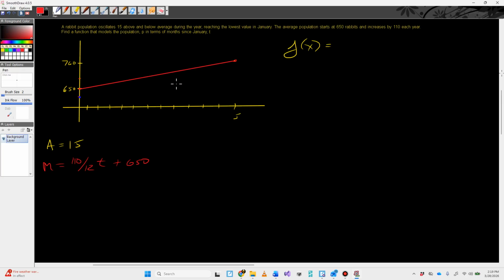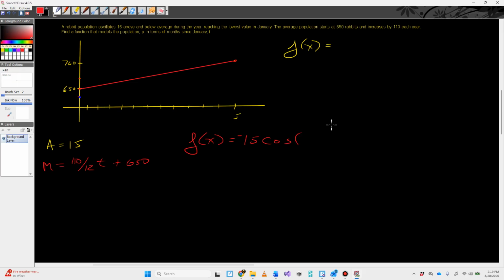And so how do I write this down then as a function? I might need some room. So I'm going to start here. f of x is equal to, what's my amplitude? 15. It's a cosine function because I'm starting at the min, not the max or the center. So this is negative 15. Negative 15 cosine.